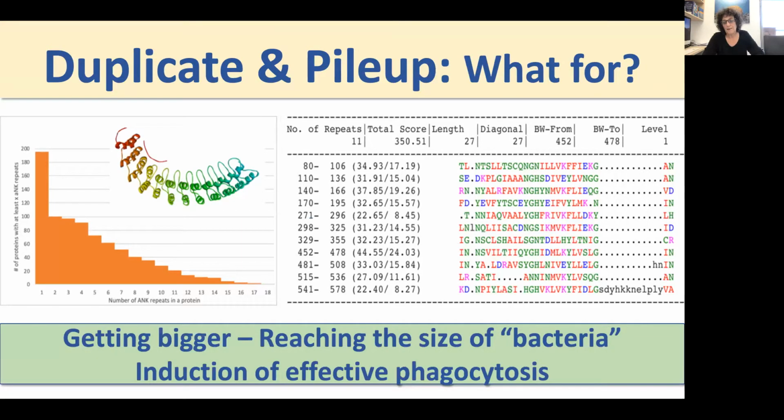The idea that we would like to suggest is that the virus wants to get bigger, namely to reach the size of a bacteria so that it can induce phagocytosis by its host.